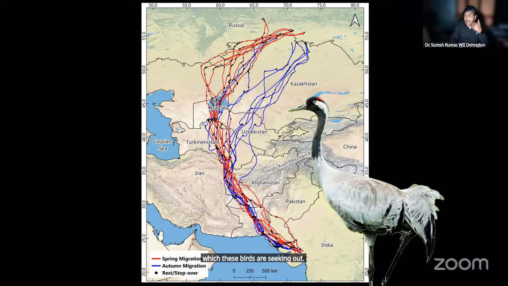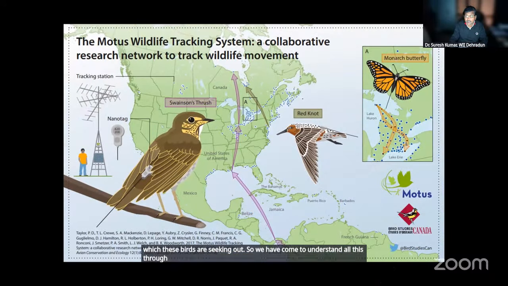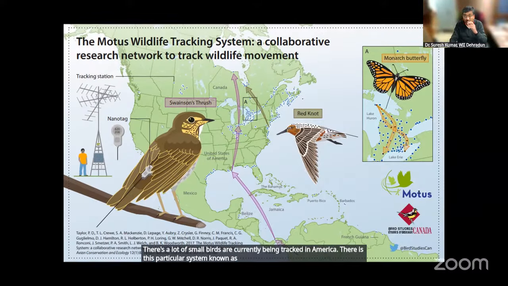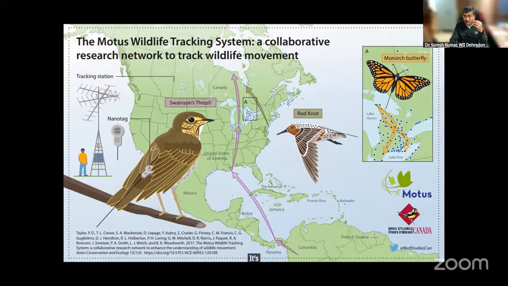So we have come to understand all this through these tracking studies. A lot of small birds are currently being tracked in America. There is this particular system known as the Motus network. The Motus network takes advantage of the mobile network towers that are there.